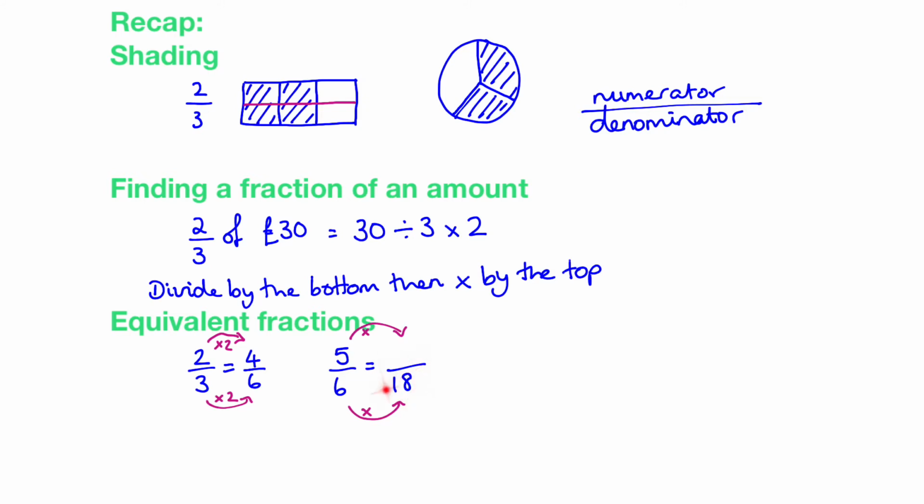We've got the 18. So we need to do 6 times what is 18. If you think about your times tables, 6 times 3 is 18. Because we've multiplied the bottom by 3, we must multiply the top by 3 as well. So 5 times 3 is 15. And that's how we can find the missing number in an equivalent fraction.